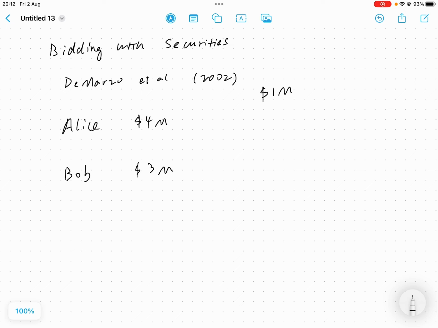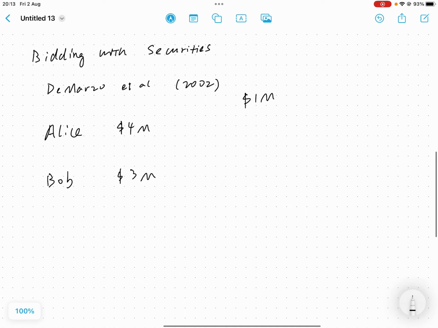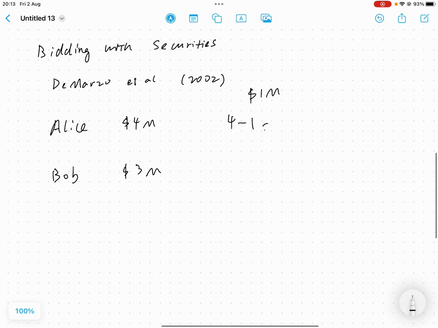So if they have to use cash, Alice will bid 4 minus 1, because the $1 million is a fixed investment that they have to pay. So Alice essentially pays 4 minus 1, which is $3 million, and Bob pays 3 minus 1, which is $2 million. That's the basic setting of the second price auction with cash.